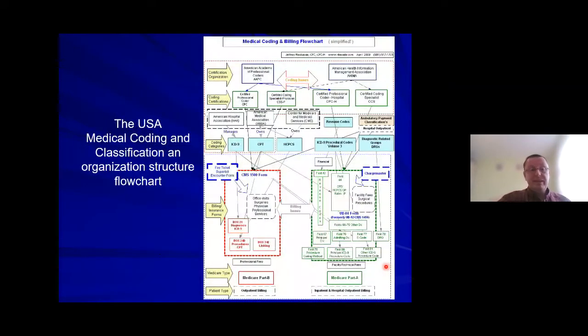So first of all, again, why it's important. Here is just a workflow, a flow chart for an organization's work. It's not in Ukraine, it's in the USA. It shows how the usage of medical coding is important, which kinds of medical codes are important, and how the coding and billing flow chart is organized.